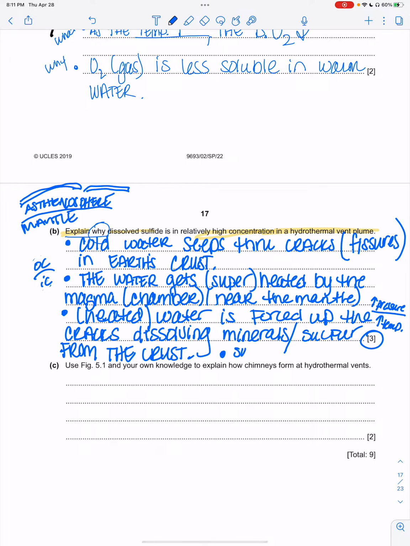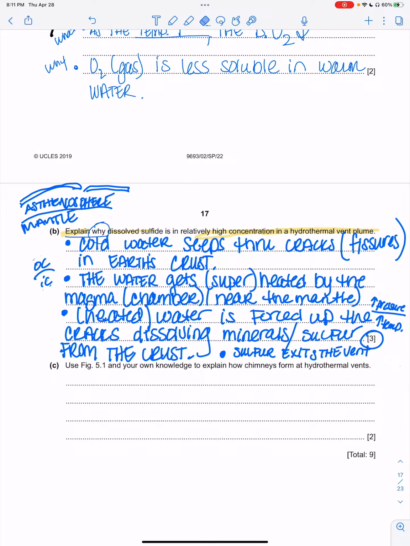And then the sulfur exits the vent. I would say forming a chimney. It's not the only thing that does that, but yeah, sulfur exits the vent. But mainly you want to say how it gets there.